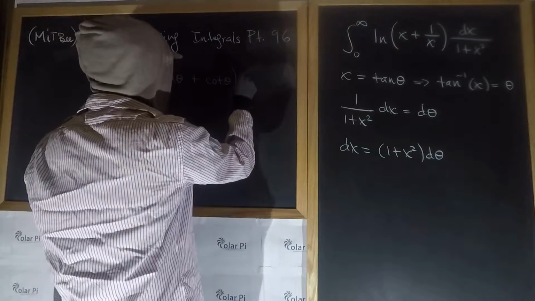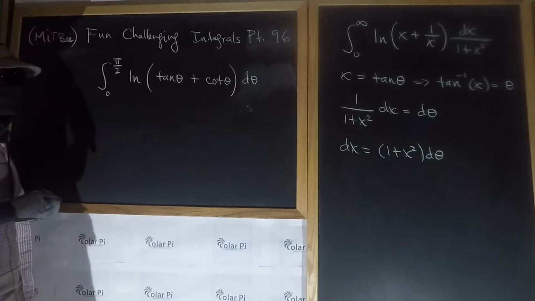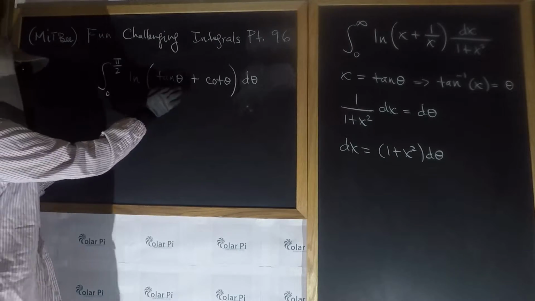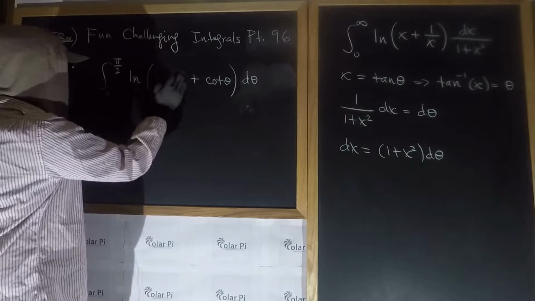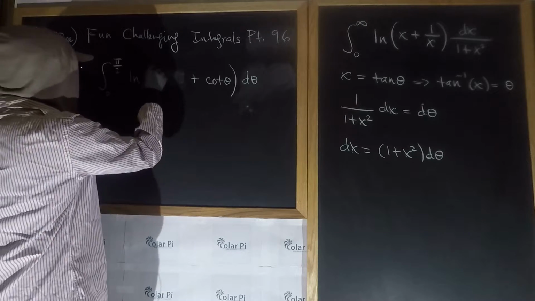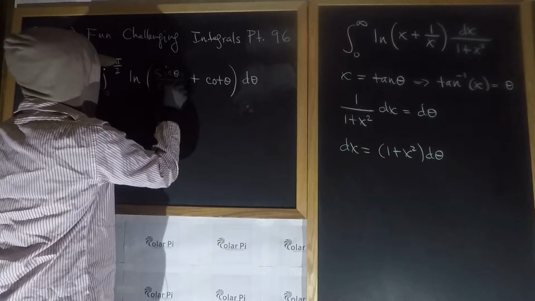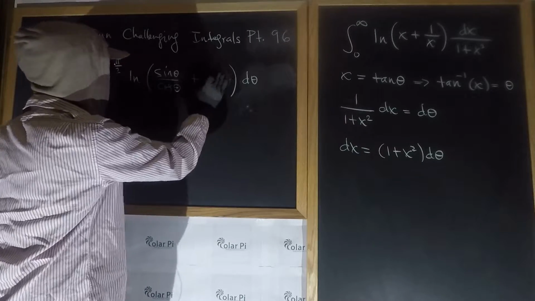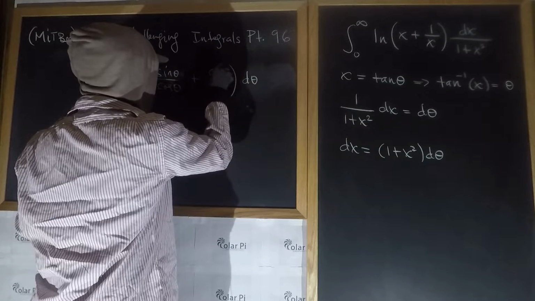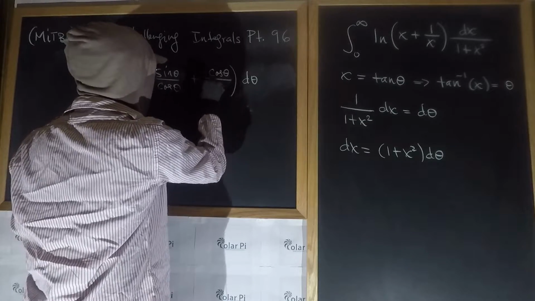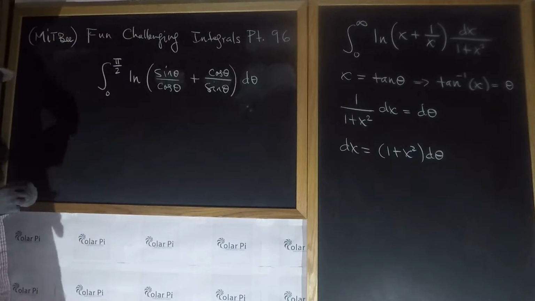So d theta, and also in this part, cot theta is cosine theta over sine theta, and 1 plus that is sine theta over cosine theta plus cosine theta over sine theta, right?